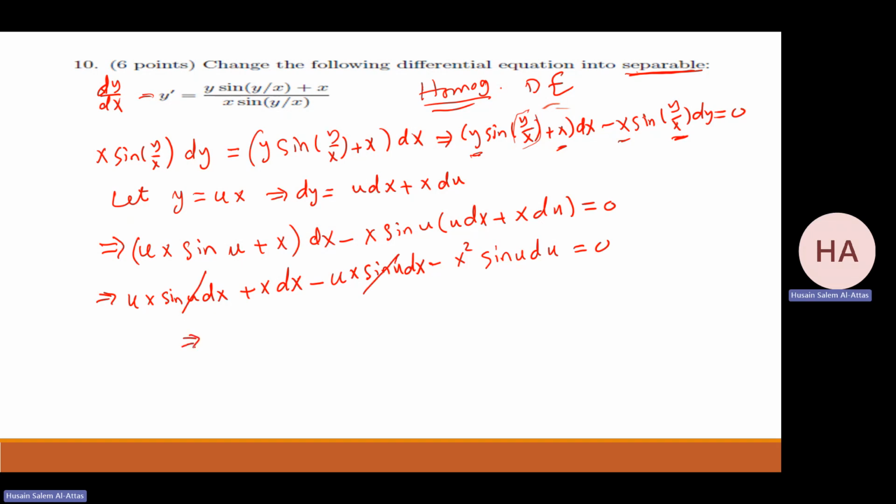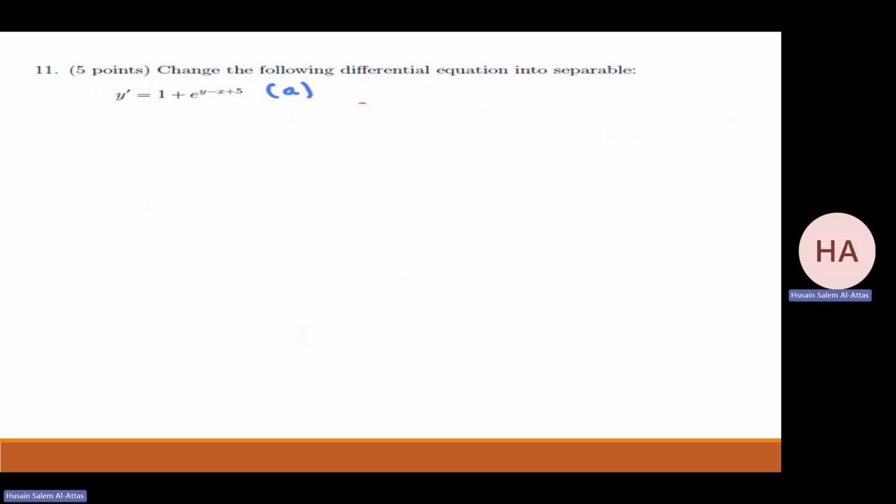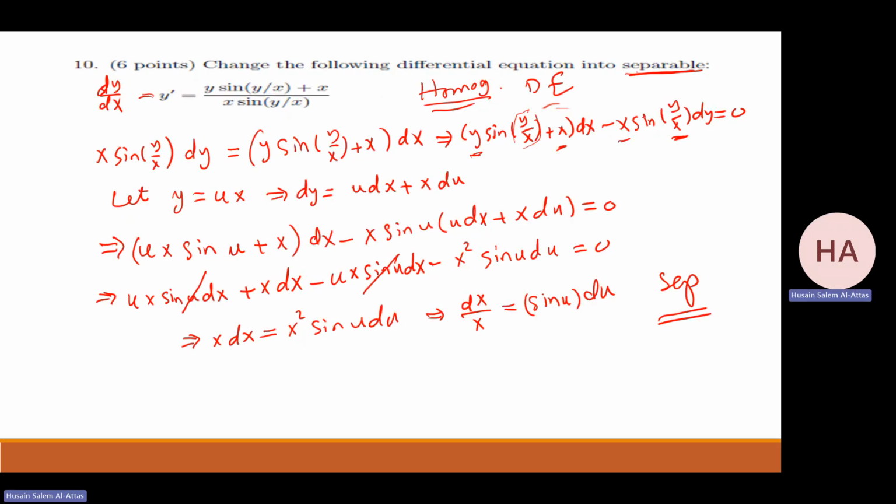So I have x dx equals x square sine u du. In other words, dx over x equals sine u du. And now this is very clearly separable. No need to solve it. You just want it to be in that format.